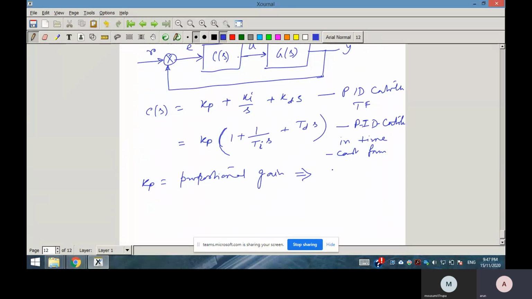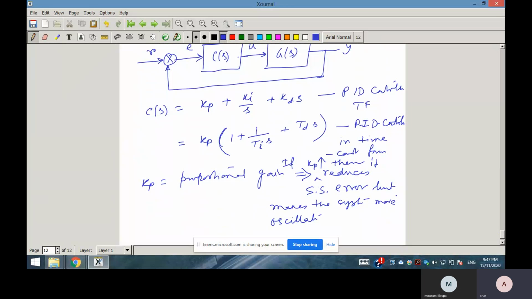If you increase the proportional gain, it reduces steady state error, but makes the system more oscillatory.